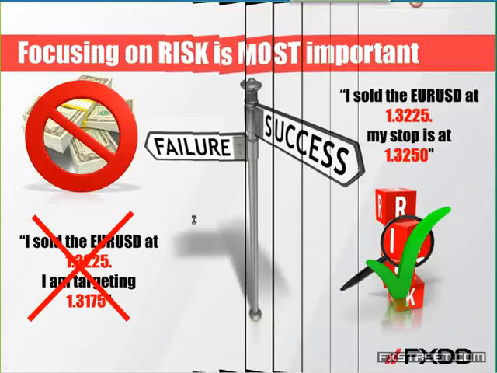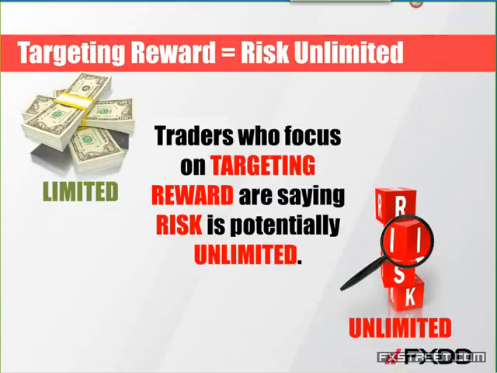Because if traders focus on targeting the reward, asking where are we going, what is my profit going to be, what they're saying, if they're truly focused on that, is that the risk is potentially unlimited, because they're so focused on making it to the finish line that they forget about the risk side of the equation.